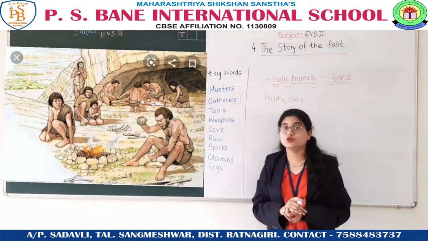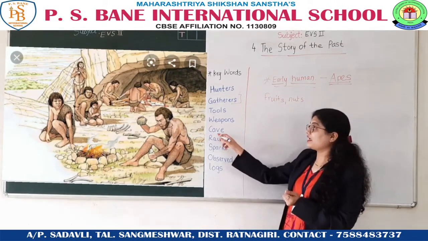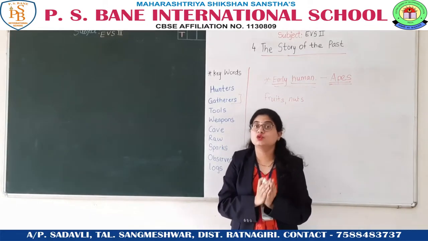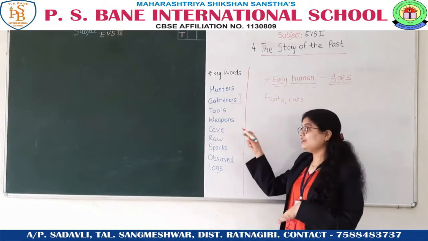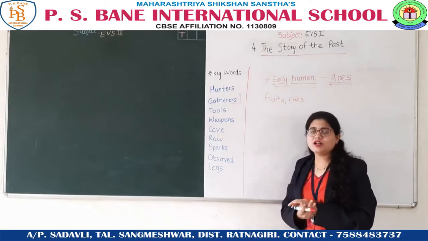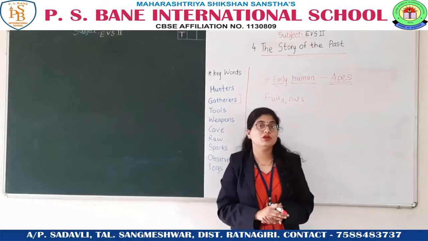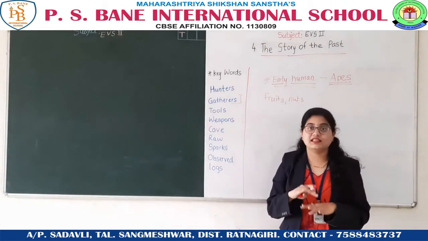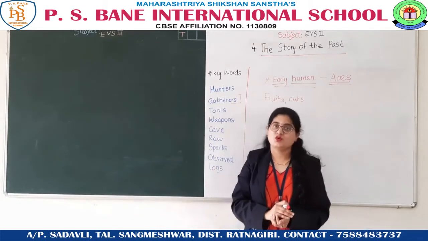They also used to store their food in the caves. But they would leave the place after the food got over. They left that place and moved to another place.